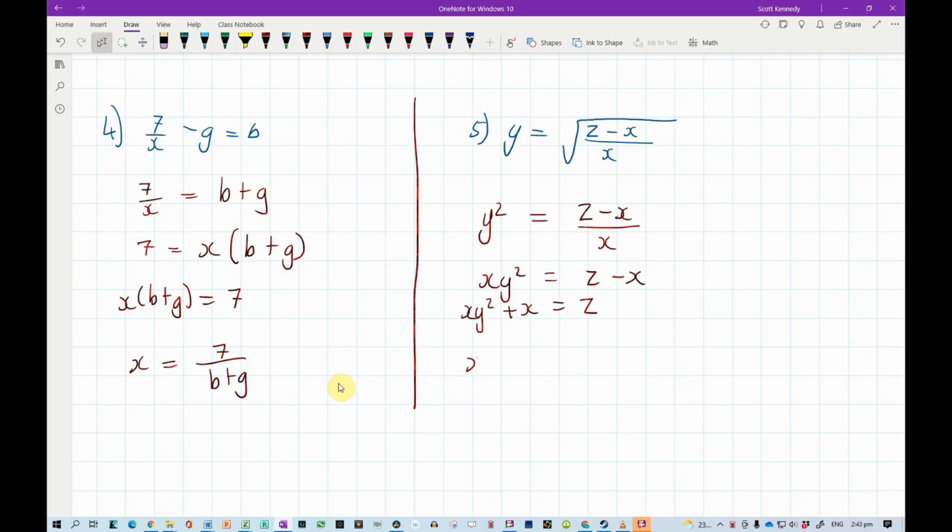I'm now going to factorize, so I should get x into y squared, and this one, how do I get that? Oh, it must be plus 1, because x times y squared is xy squared, and x times 1 is x. So that should be equal to z. And my last step is to get x by itself. x equals z over y squared plus 1.